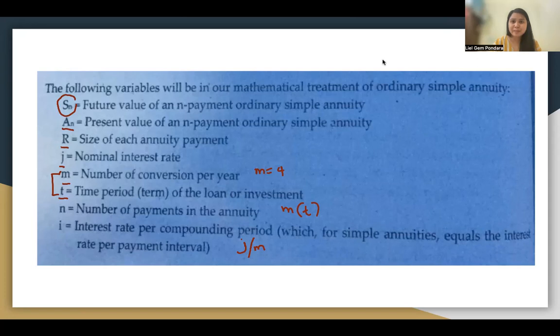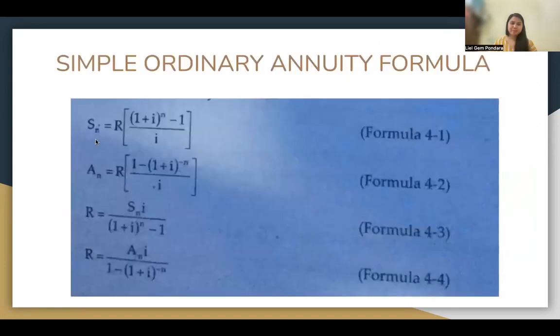Now let's start. Let me share with you the formula for simple ordinary annuity. The first formula is for finding the future value of the simple ordinary annuity. The next formula is the formula for the present value. How is it different?